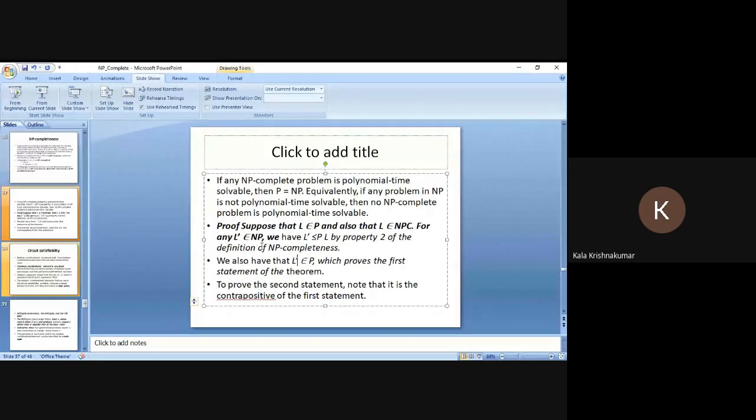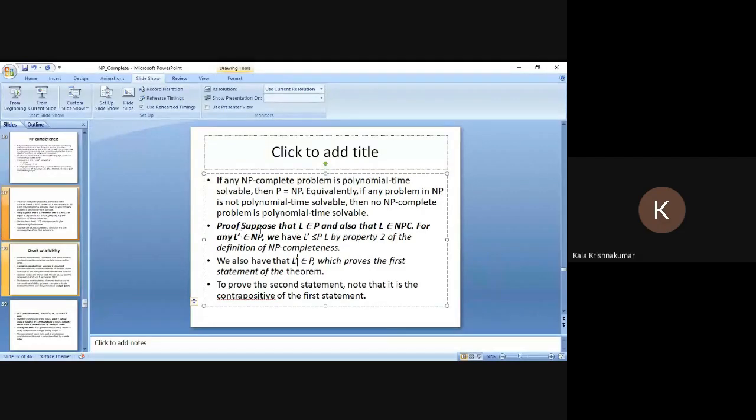Okay, so suppose L is element of P and L element of NPC. Simultaneously, we are supposing that L is element of P and L element of NPC. So we are taking any L dash element of NP.